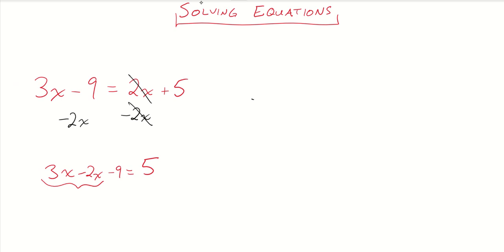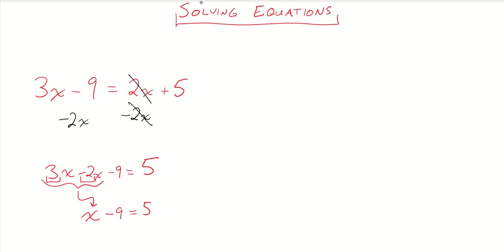I just have 1 x left over. Minus 9 equals 5. So here I just collected these two like terms. And you collect like terms by adding or subtracting their coefficients. So 3 minus 2 is really 1. So I have 1x left over, but we don't need to write a coefficient of 1. It's implied.